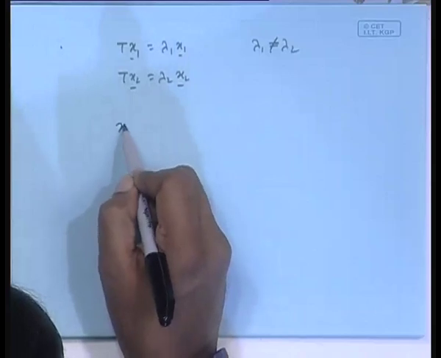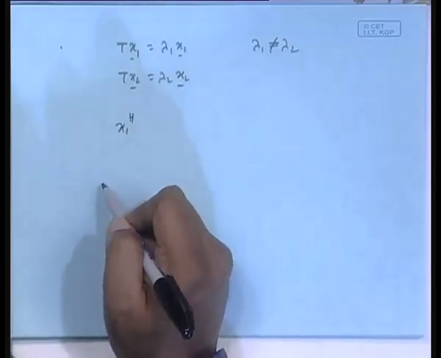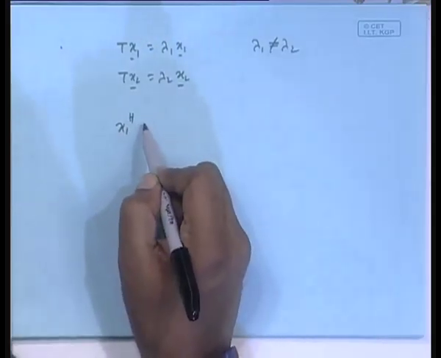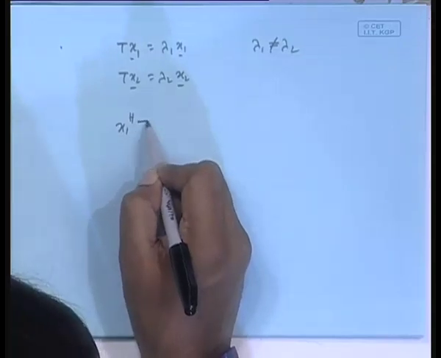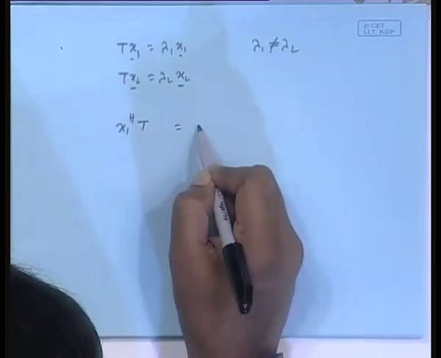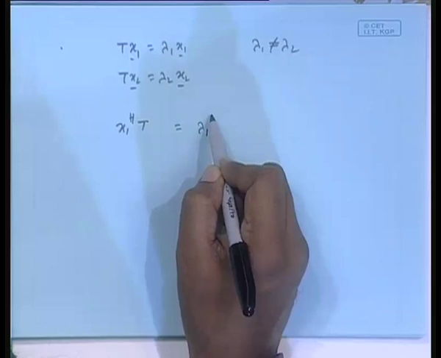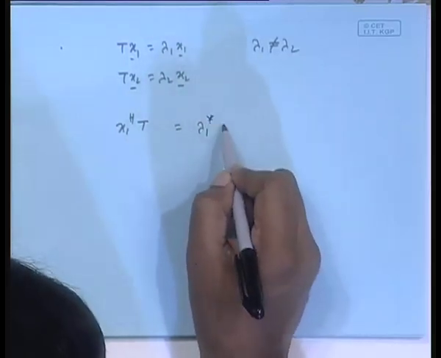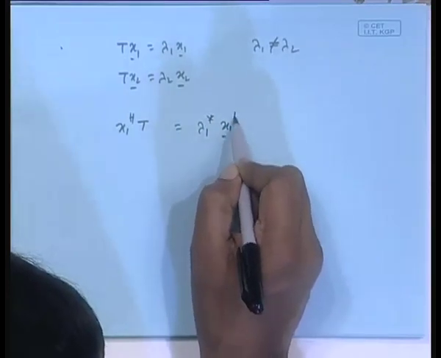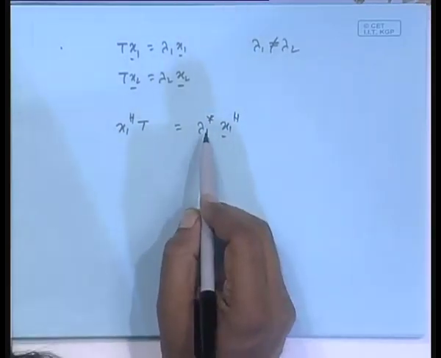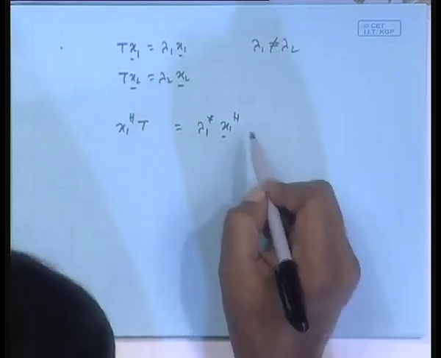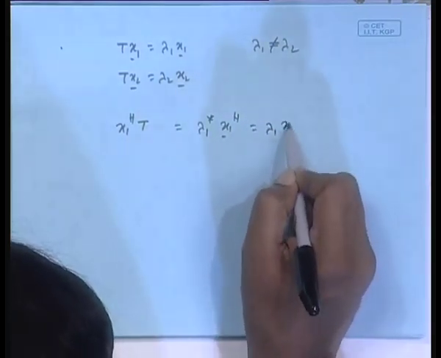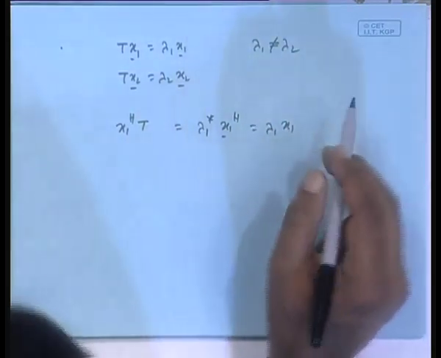So you get x1 Hermitian T Hermitian which is T, and on this side lambda 1 star x1 Hermitian, but I have proved lambda is real. So this is simply lambda 1. This is the reason why I had to prove that.